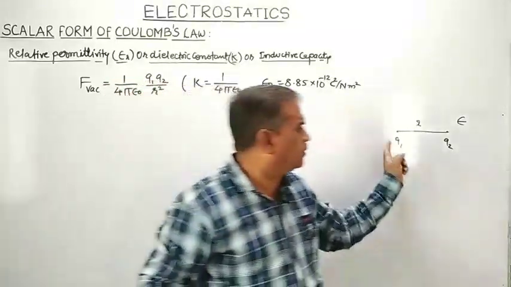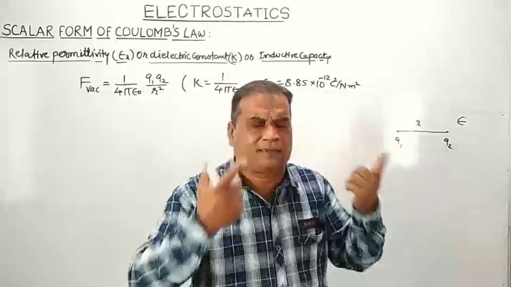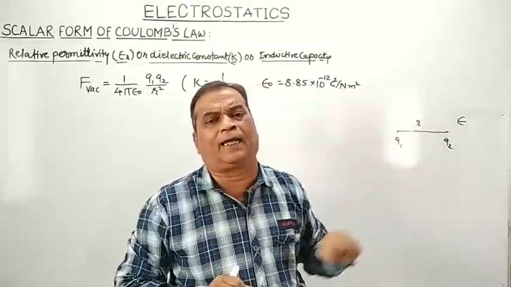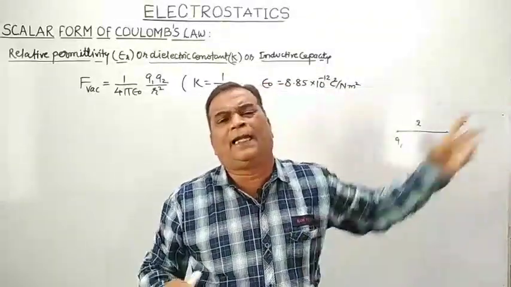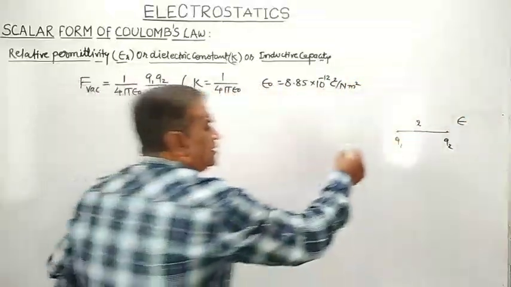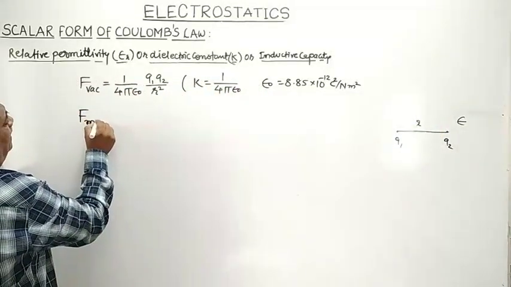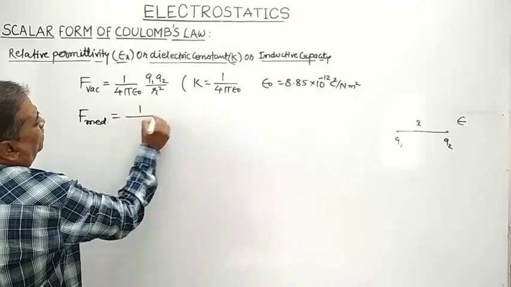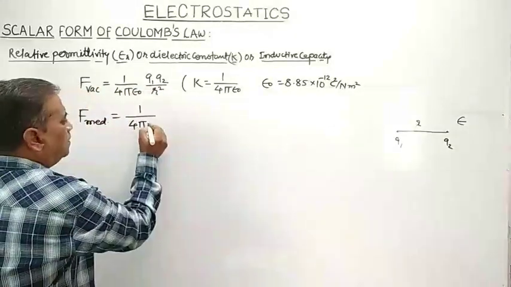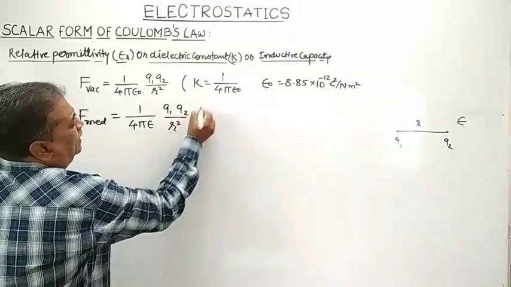Two point charges Q1 and Q2, which are stationary, at rest with respect to each other, are at a distance r apart and are kept in a dielectric medium having permittivity epsilon. Then the force of attraction or repulsion between the two point charges kept in the given medium is 1 upon 4 pi, now instead of epsilon 0 we will write epsilon, q1 q2 divided by r square.